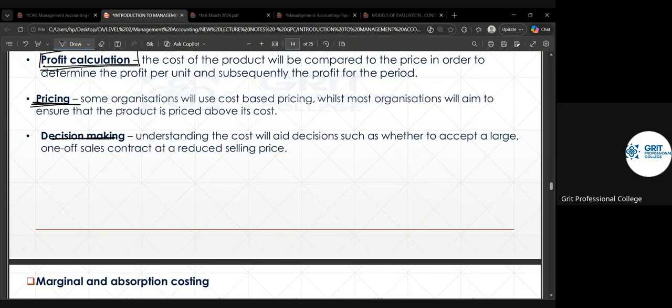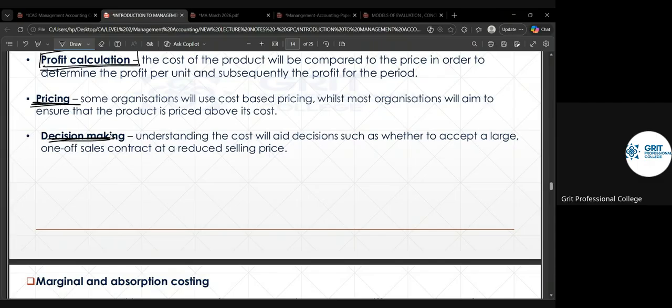If the amount they want to pay you is lower than how much it costs you to produce the goods for them, then you can decide to say no. So understanding or estimating the cost of a product or service you are producing helps us make very important decisions.